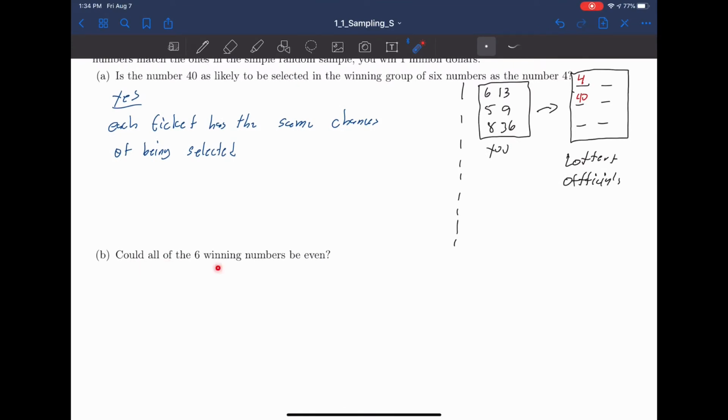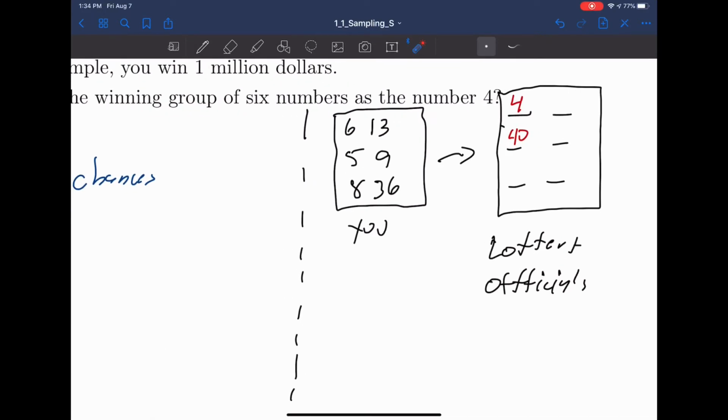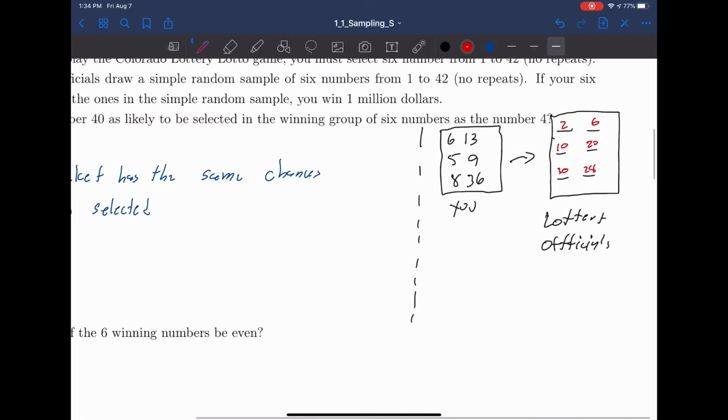Could all the 6 winning numbers be even? Let's say they randomly choose 6 numbers, and it so happens that all of them, 2, 6, 10, 20, 30, 24, are even.